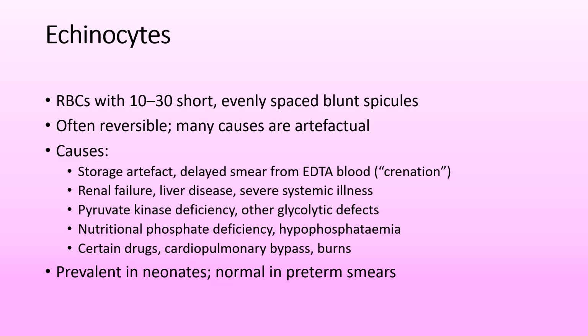Physiological echinocytosis is seen in renal failure, severe hepatic and multi-organ failures, and sometimes enzyme deficiency like pyruvate kinase deficiency. It can also appear in critically ill patients after severe burns, hypothermia, bypass, or certain drug exposures. So always comment on echinocytes only if you're sure that the patient sample is fresh, and also you can enquire into the clinical aspects which I have just mentioned.